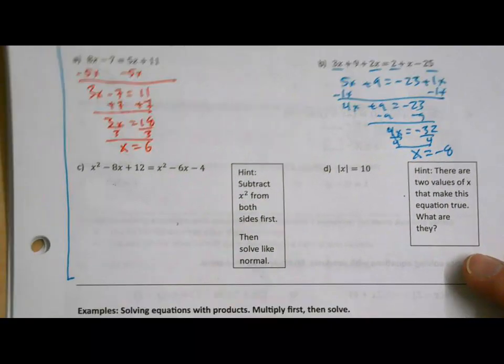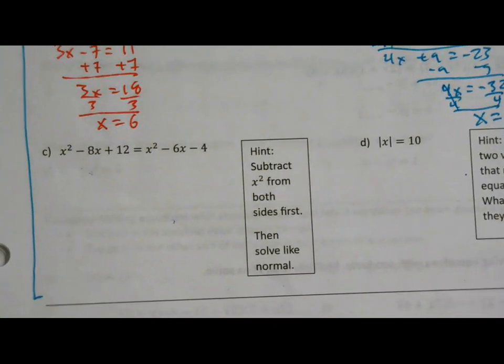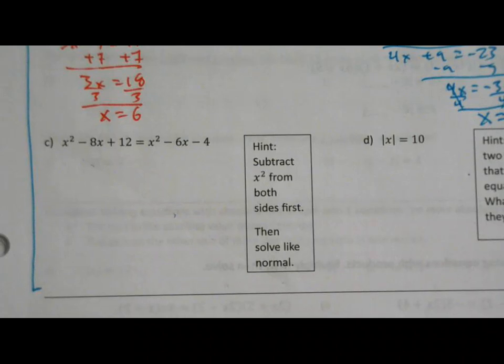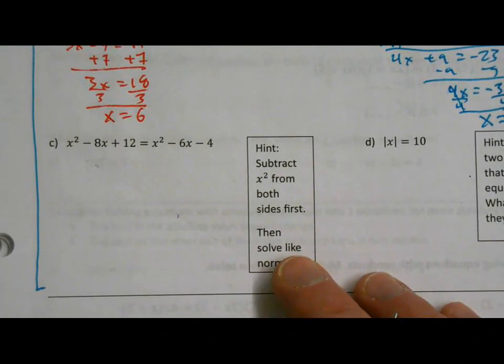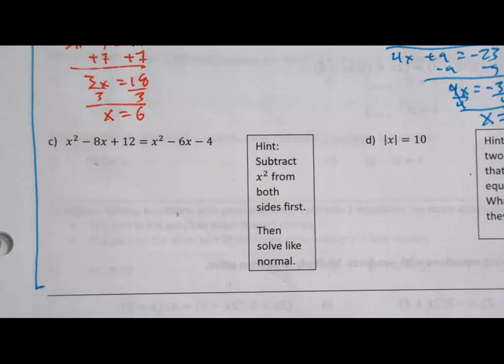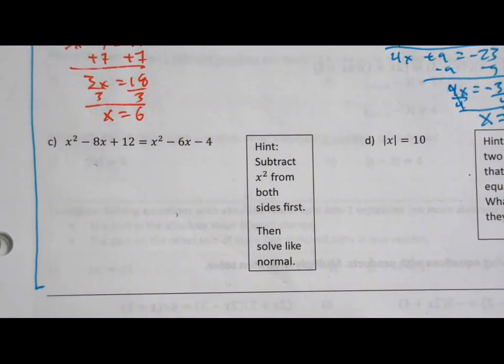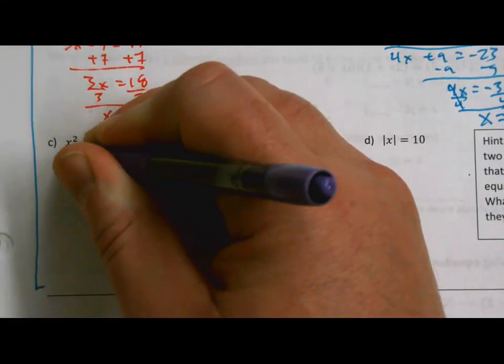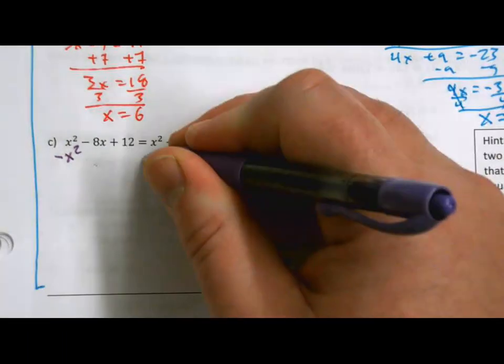All right, this is kind of a new situation. I don't think we've seen any equations with x squareds in them before. Did you guys follow my advice over here and do what I said for that first step? So my hint here was, since you've got x squared on both sides, go ahead and do minus x squared on both sides.